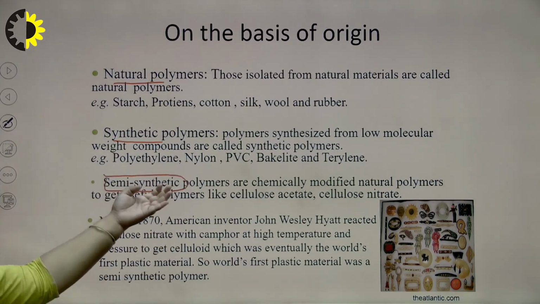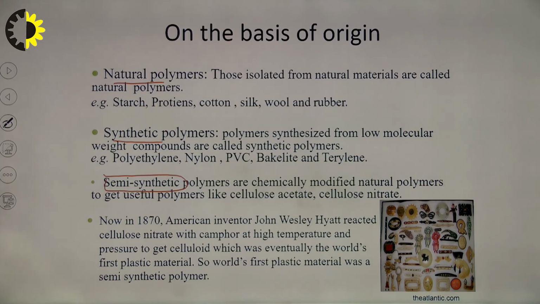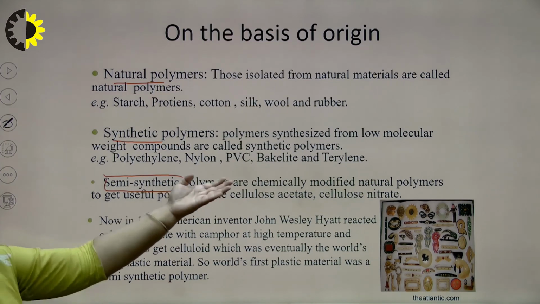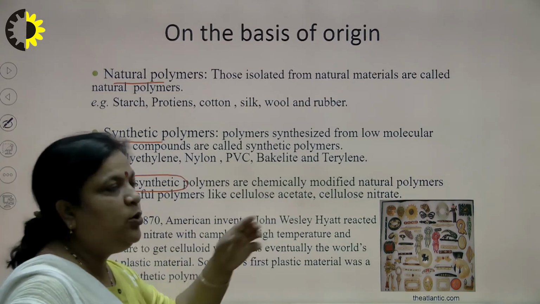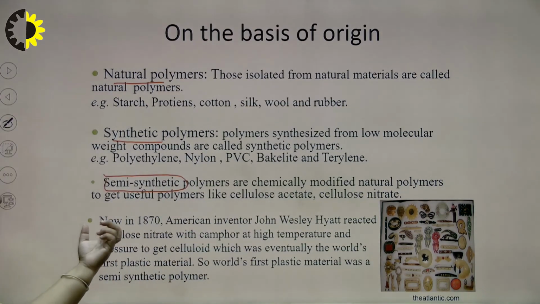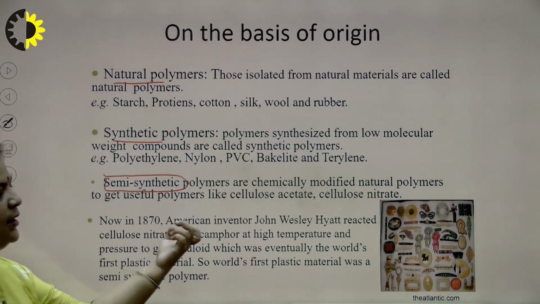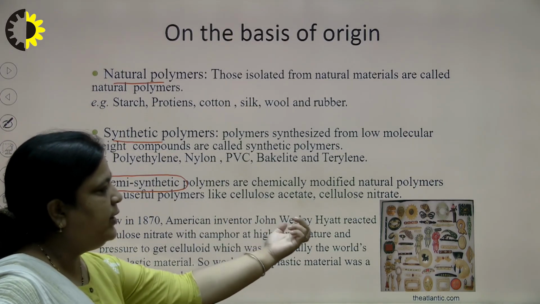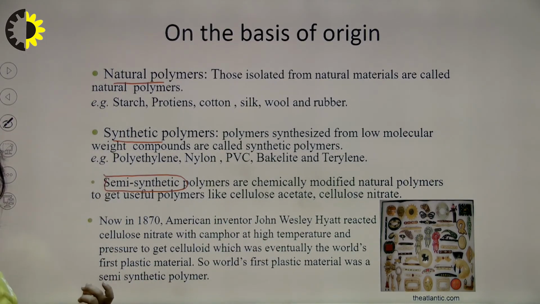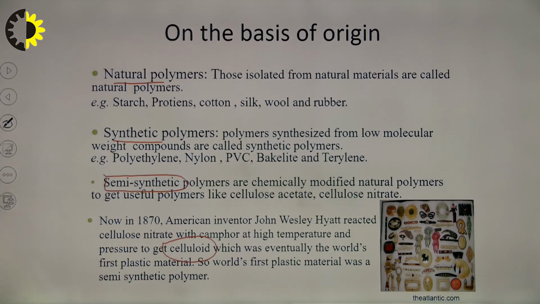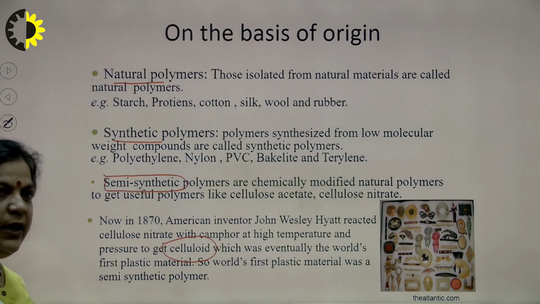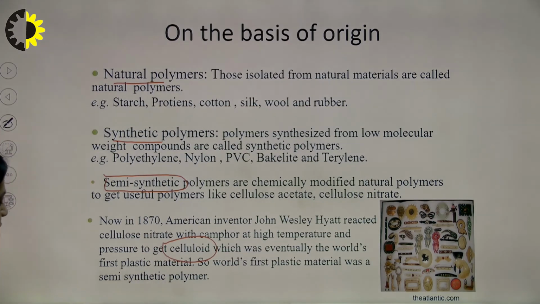That is, those types of polymers which are prepared by chemical modification of natural polymer, like cellulose acetate, like cellulose nitrate. In 1870, the American inventor Mr. J.W. Hyatt reacted the cellulose nitrate with camphor at high temperature and pressure, and then he got celluloid, and celluloid was the first plastic material, but which category does it come in?